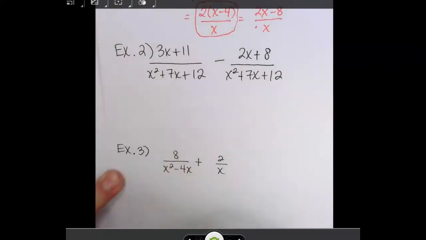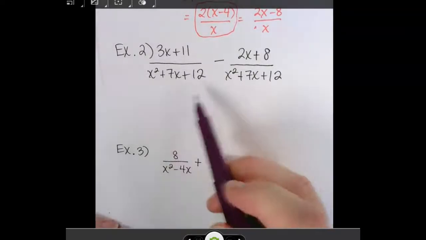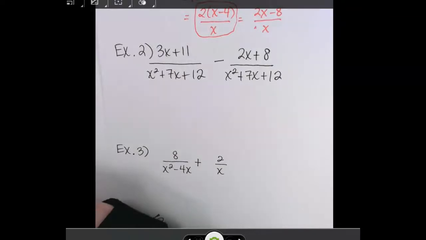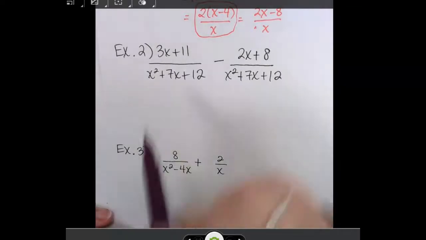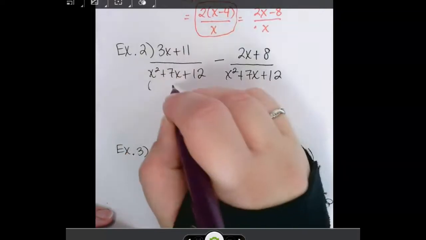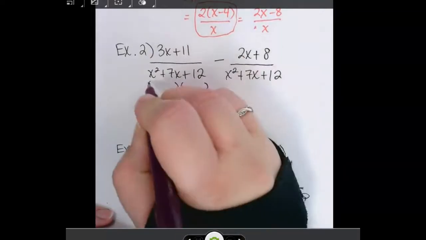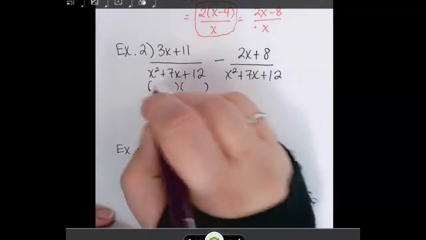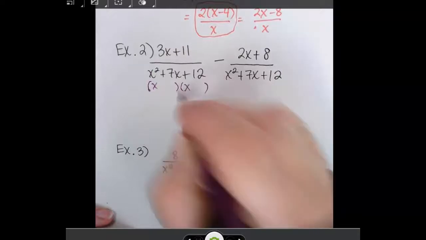In the second example here, we have a denominator that they're both the same already, but they do have a trinomial in the denominator. So in order to determine our excluded values, we would have to factor this denominator into two binomials, right? So we know that in order to multiply to x squared, we have to use x times x.